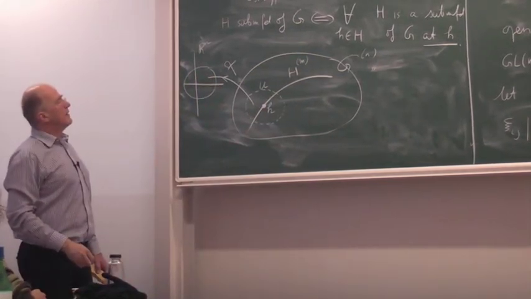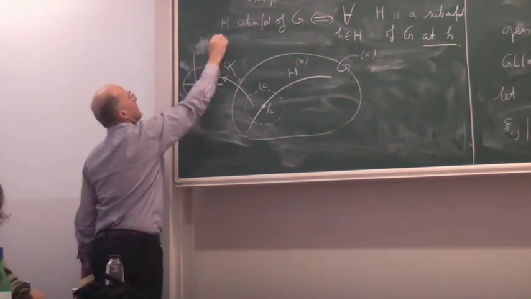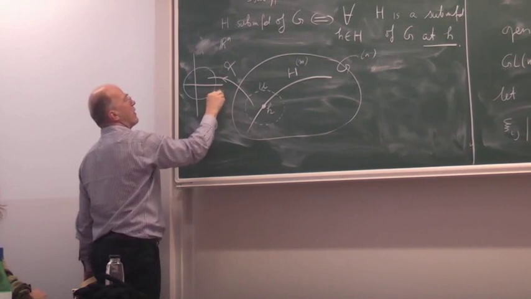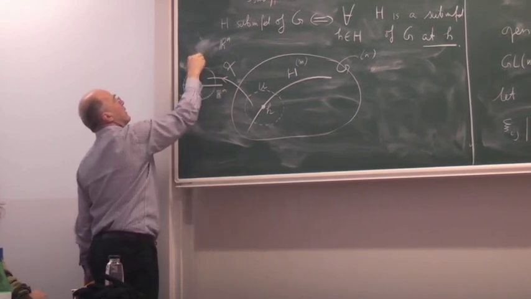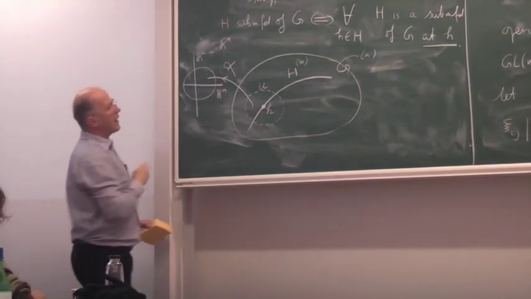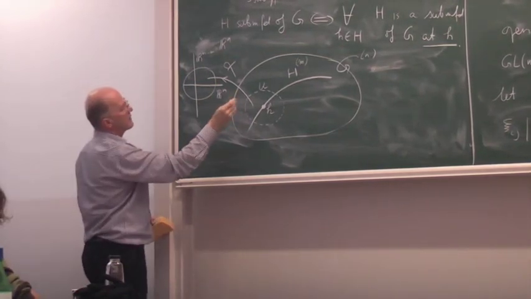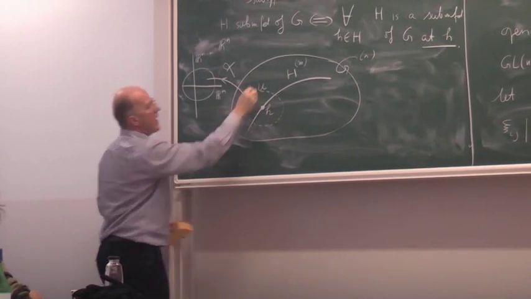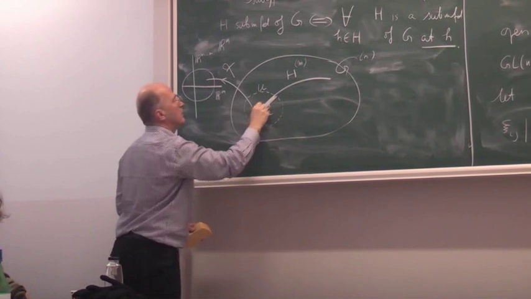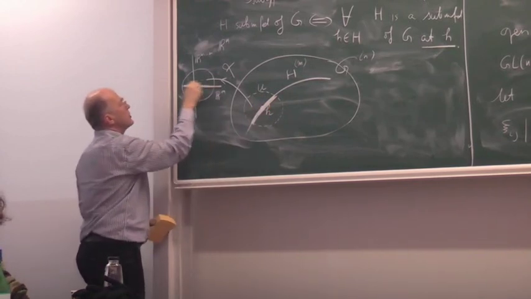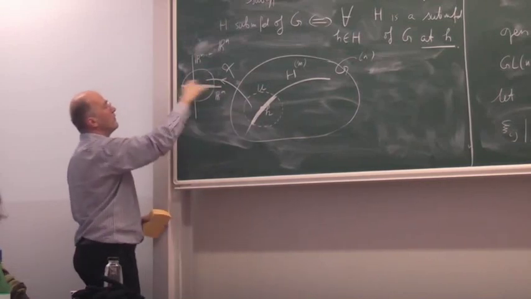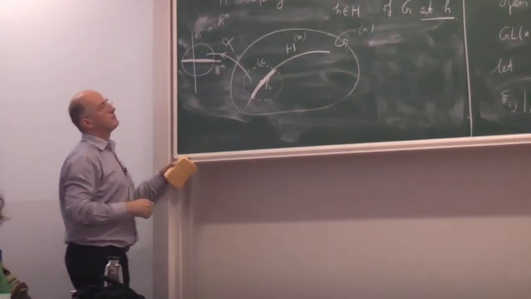Then R^n can be split as a direct sum of R^m and R^(n-m). And the requirement of this chart chi is that the image of the intersection of H with U is straightened out to the intersection of the image chi of U with R^m.